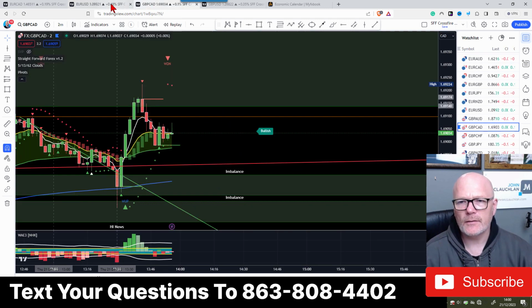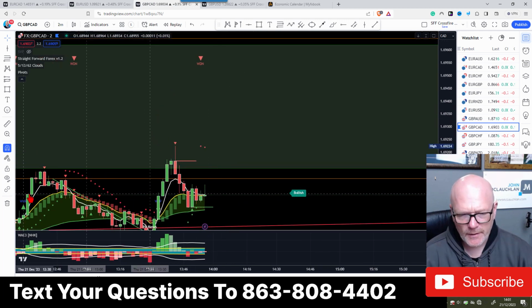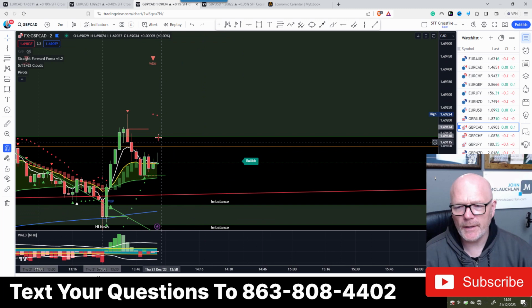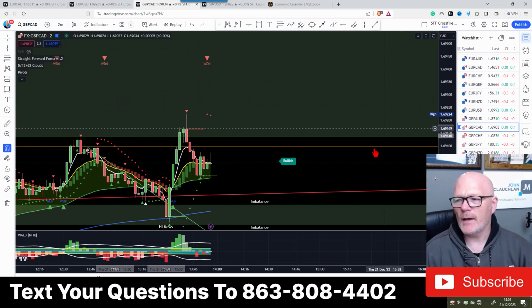GBP CAD, we're currently again at this area here, which is an area of interest. We've got the pivot line, we've got the bottom of the imbalance, and I thought that price might get up to here and then take out the imbalance, but we're still straddling the line. Look, we haven't got any clear air, we're still straddling the line with that wick, and what we want is clear air to then take us up and take out all this imbalance.